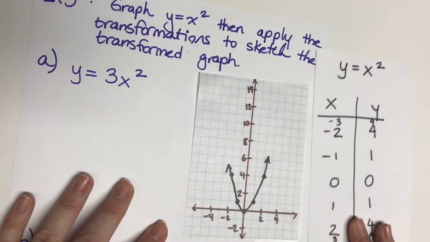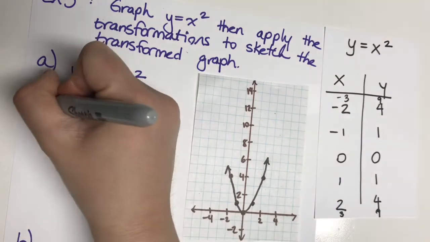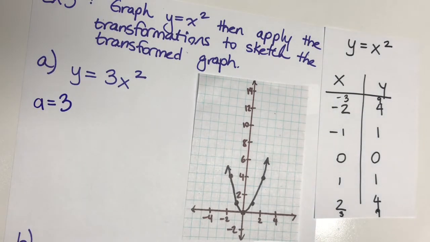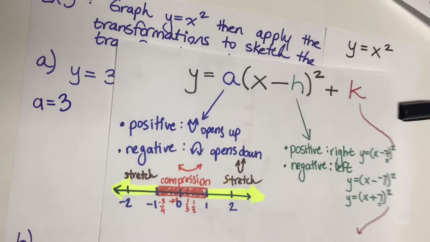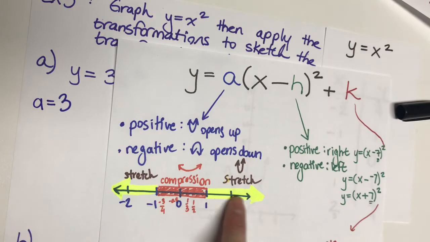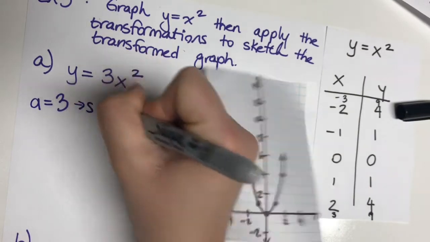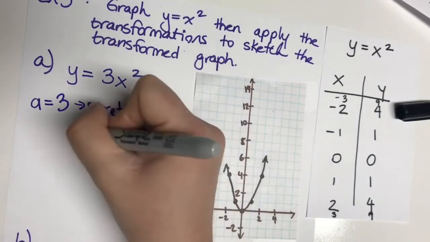Okay, so this transformation tells us that A is 3. So if I think about where A falls in this number line over here, 3 is in the yellow zone, which means it's a stretch. So I'm going to say stretch by a factor of 3.